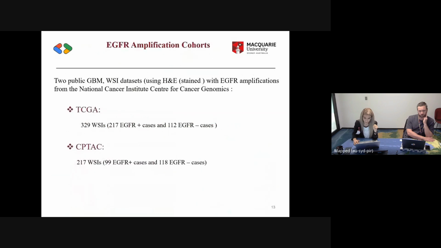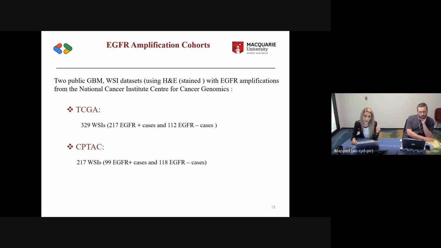So before going deeply into our models, I first want to talk a little bit about our dataset. We used whole slide images stained by the H&E method, with EGFR amplifications, and those are public datasets. If you want, you can try them.